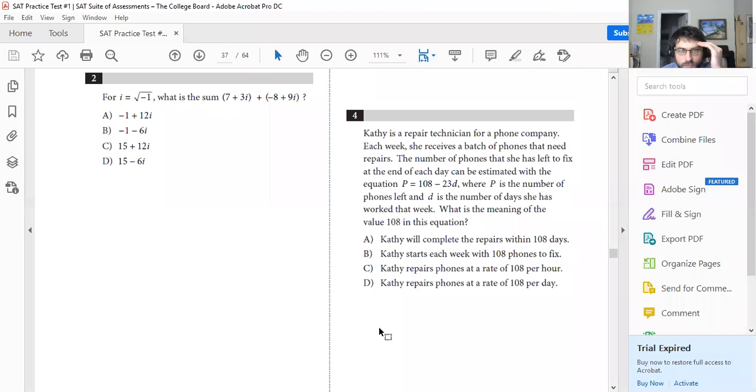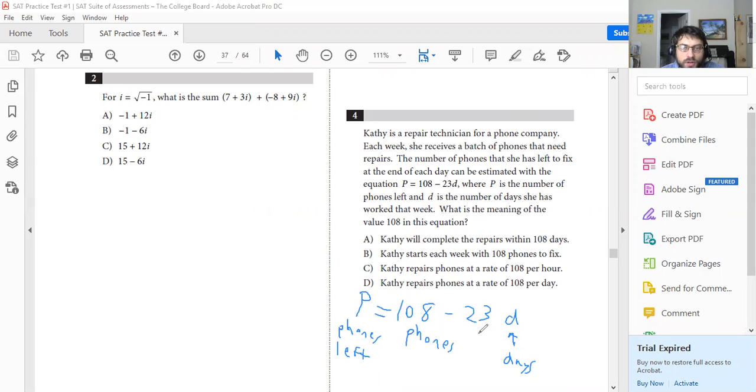So P equals 108 minus 23D. So P is phones left. D is the number of days. That means in order for the units to match, 108 also has to be phones. And 23 has to be phones per day.